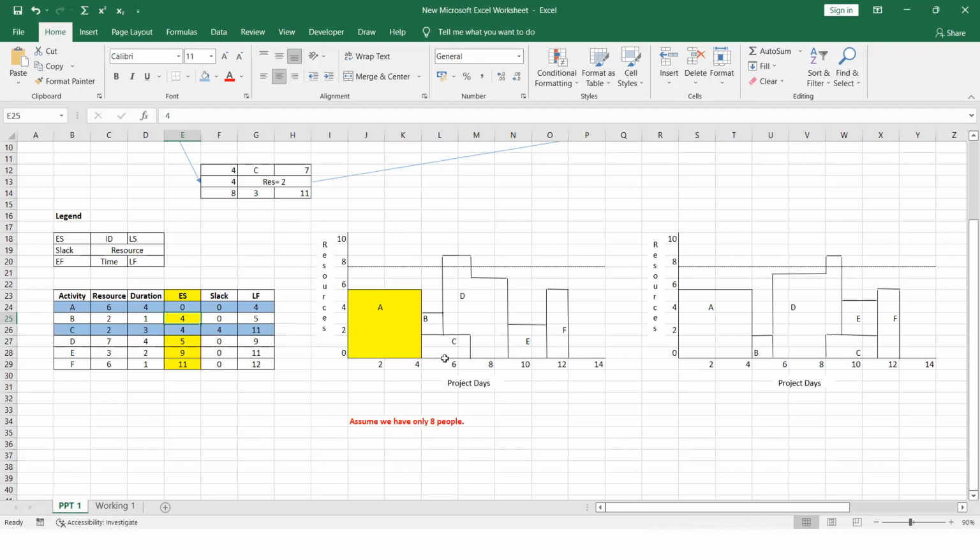And the resource required for the B activity is 2. So if we start from here, we are at 2, and we have to add 2 resources again. That means we go up to 4. Likewise, you have to draw the B part now. So are you all clear with drawing the B and C resource loading chart?